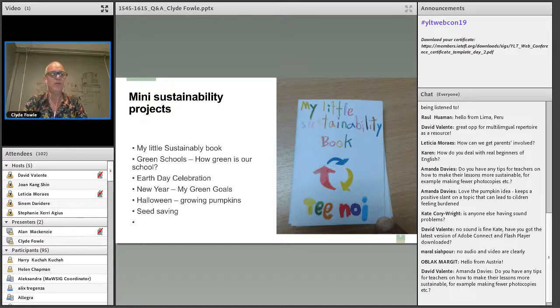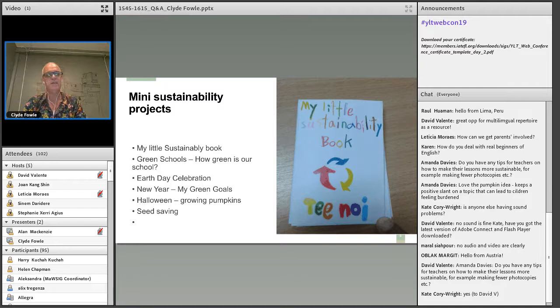So I started off with the vocabulary they need to know. Some of them, obviously, they're young, but depending where they come from, they might have some understanding of recycling or air pollution. Many of my students were Chinese and they knew about air pollution. So they can link the things you do in class to their lives, but just keep it simple.